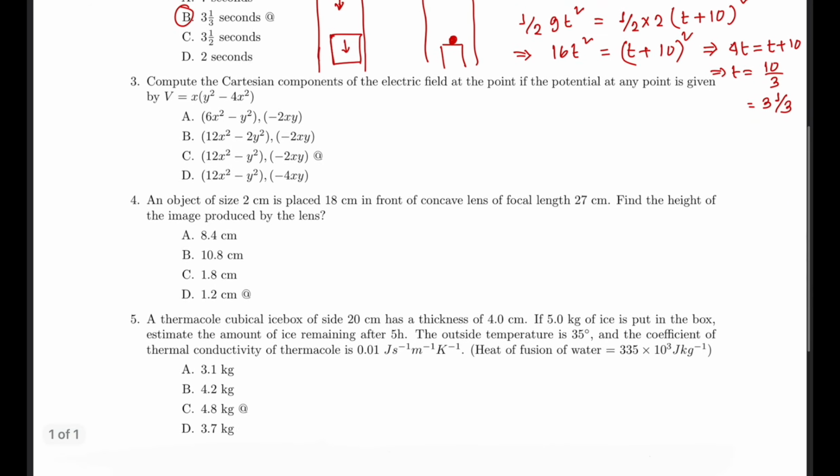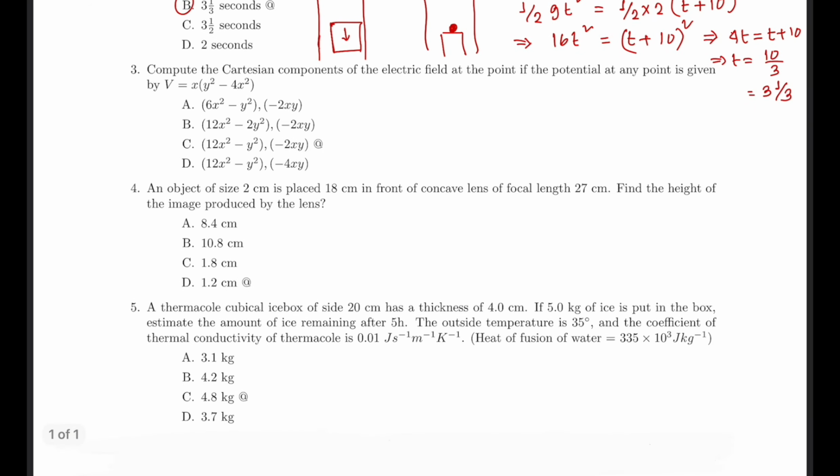Now the next question is, you are given a potential and you need to find the components of the electric field in the Cartesian coordinate system. As we know, the electric field is minus the gradient of V, that is minus dV/dx i cap minus dV/dy j cap.